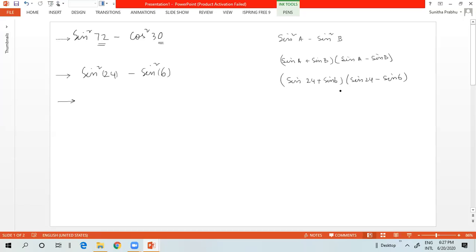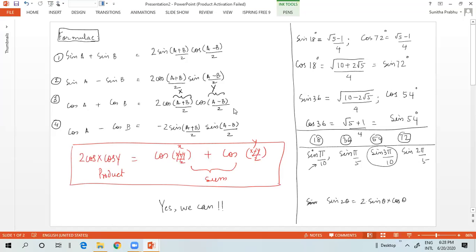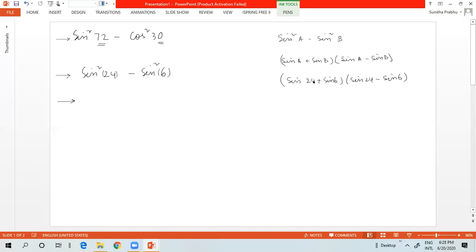So what will be sine plus sine? 2 sine A plus B by 2 into cos A minus B by 2. So here we are going from sum to product. Do we divide it by 2? Yes, sir. So 24 and 6 give 15 and 9, which is not useful for me.